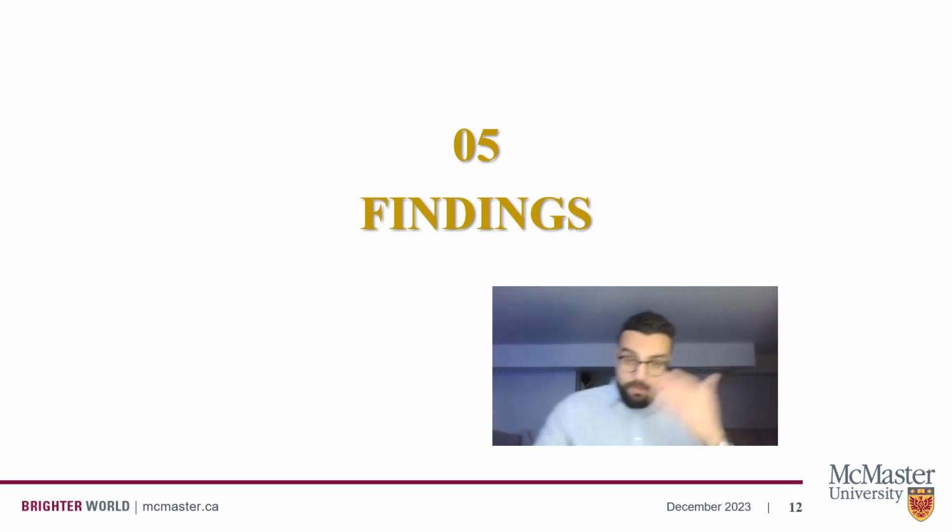If you go to the paper, we discussed and analyzed the different ideas based on a list of tables and figures, and we came up with a list of findings.